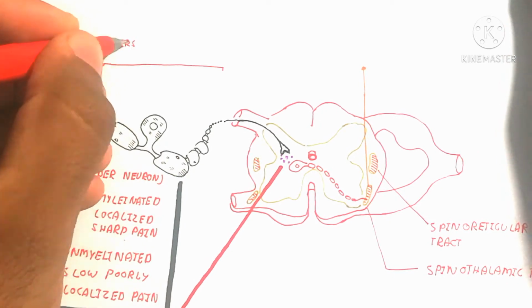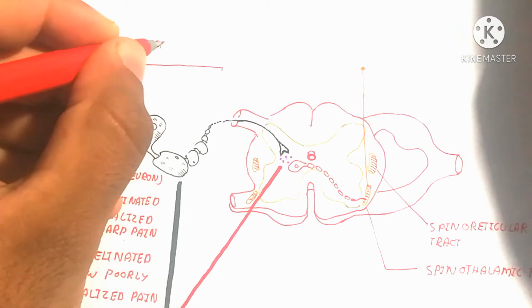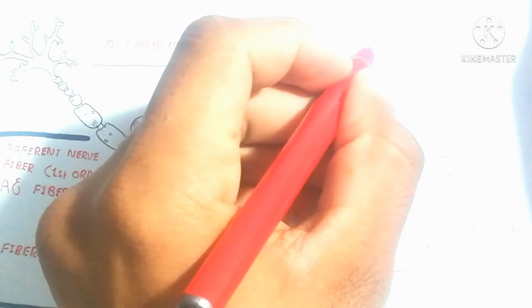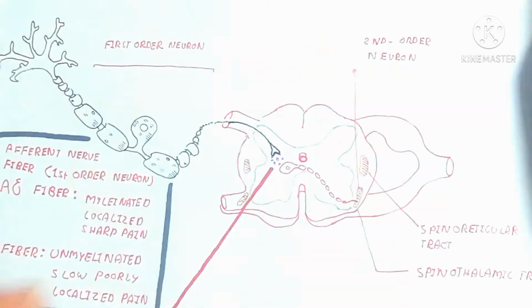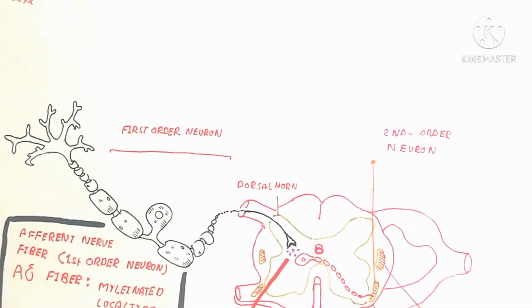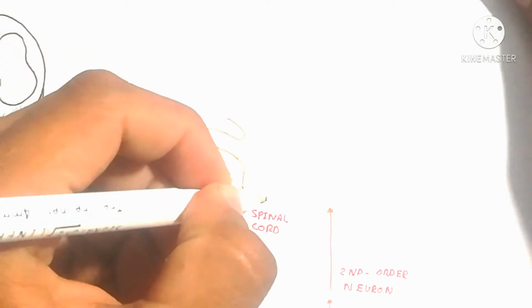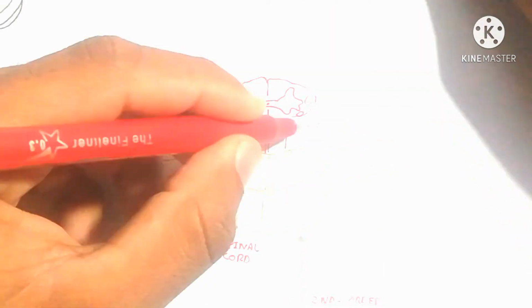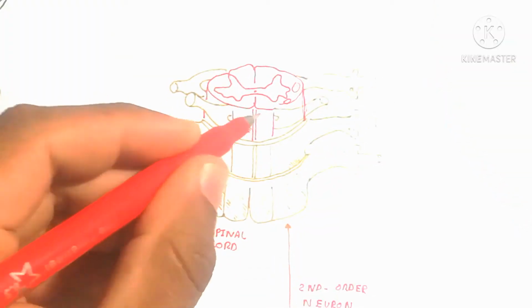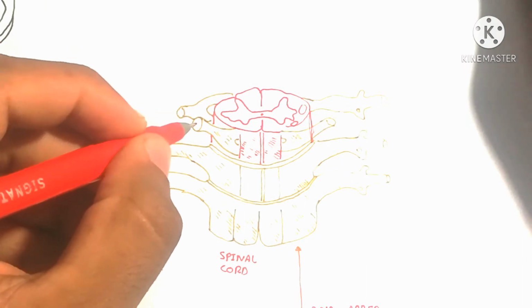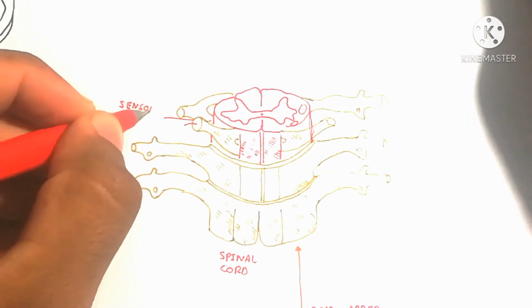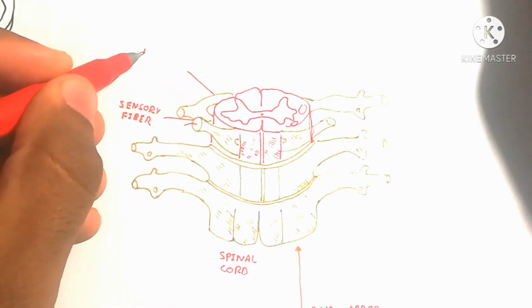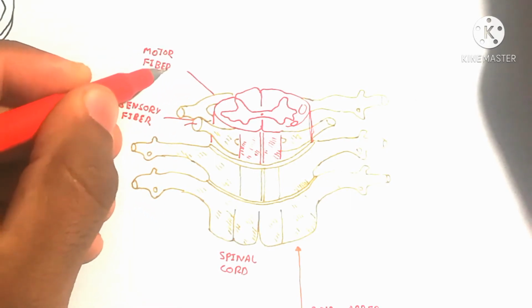It crosses from one side to the other, from the dorsal horn of the gray matter to the white matter. The spinothalamic tract and spinoreticular tract also run upward. The second order neuron passes the signal upward in the central nervous system. So it looks like that. This is the spinal cord, and we will discuss the diagram in detail.